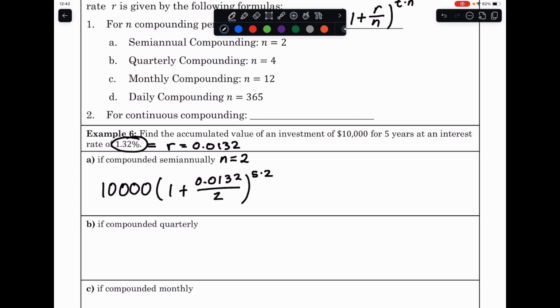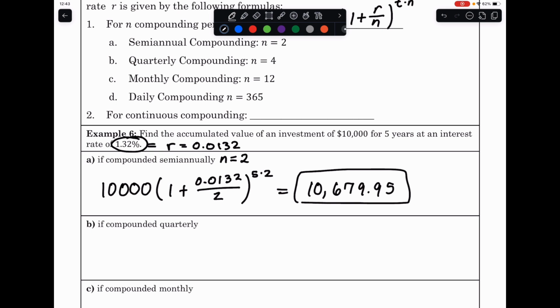Now plugging all of this into the calculator, which is the easiest thing to do so we don't have to worry about doing this by hand, that's going to equal a total of $10,679.95. So this is the amount that this investment of $10,000 will be worth after 5 years.